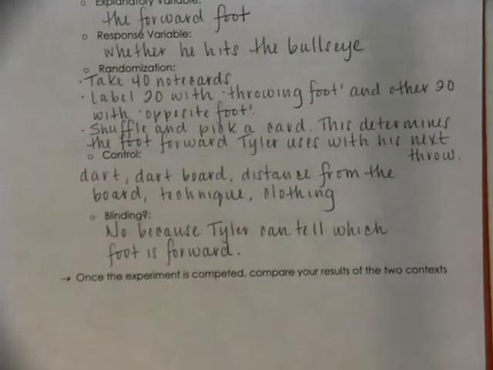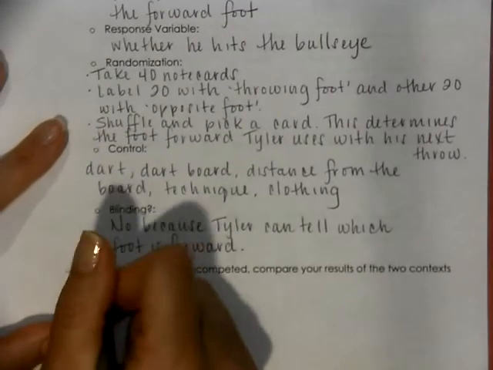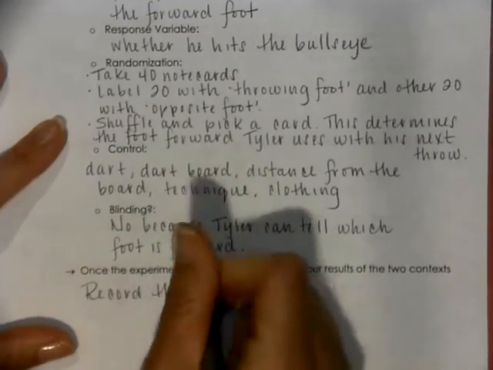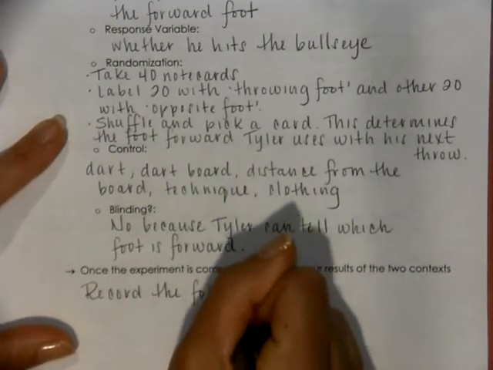Okay, now keep in mind, once the experiment is completed, we would compare results in the two contexts, okay? And after each trial, you would record the following. So just a little side note, record the following after each throw.